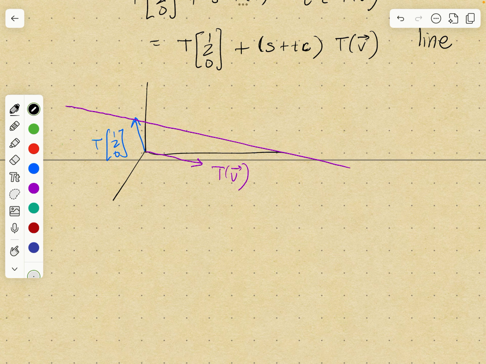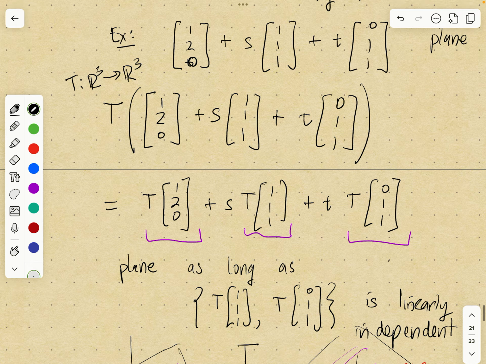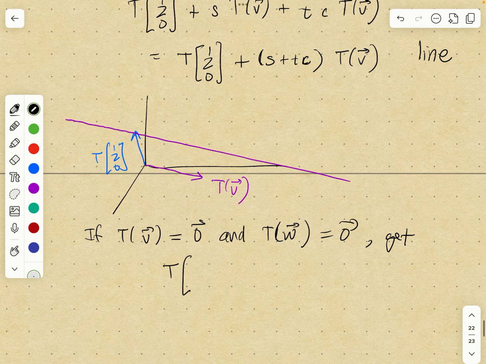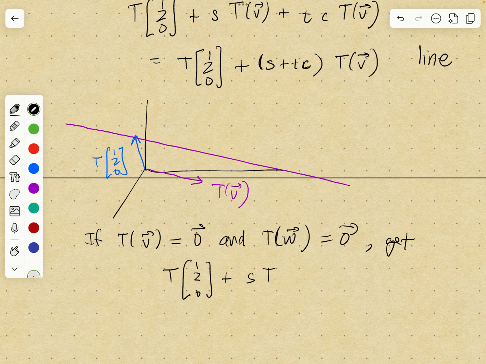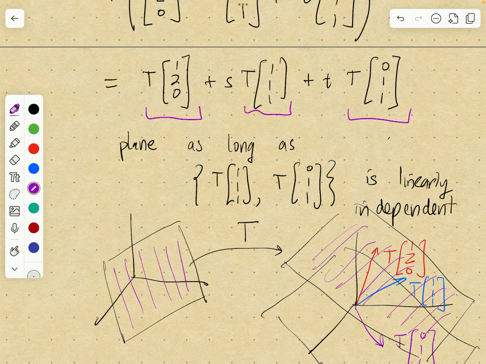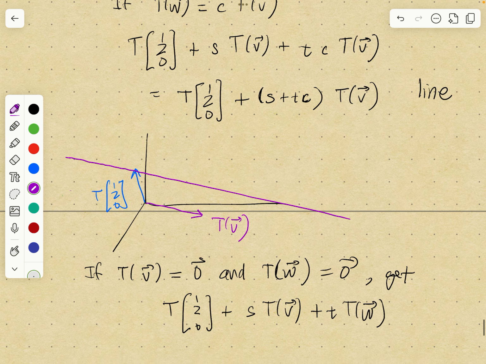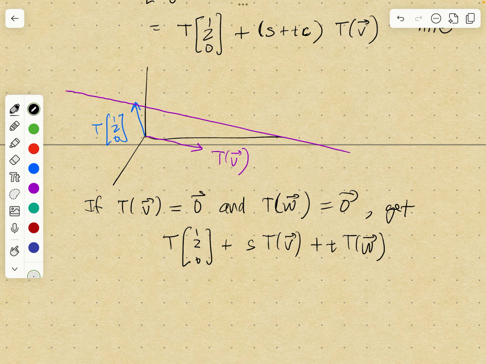And then the extreme case is if T of V equals the 0 vector and T of W is the 0 vector, well then my output, which is T of 1, 2, 0 plus S T of V plus T capital T of W. I should have clarified that I'm calling this vector 1, 1, 1 V and I'm calling this vector W. If T of V and T of W are both the 0 vector, then this is equal to T of 1, 2, 0.